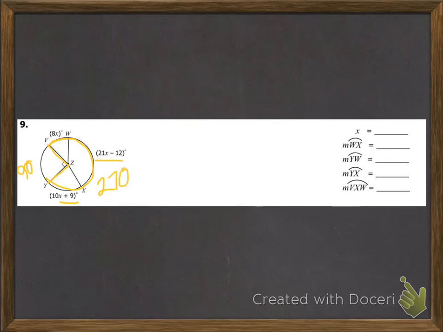That's going to be important because we actually need to take all 3 of our expressions, add them together, and set them equal to 270. So now I'm going to go over here and have 8x plus 21x minus 12 plus 10x plus 9 equals 270.